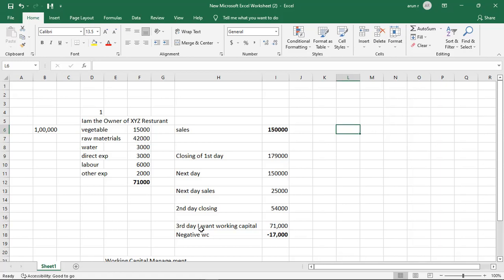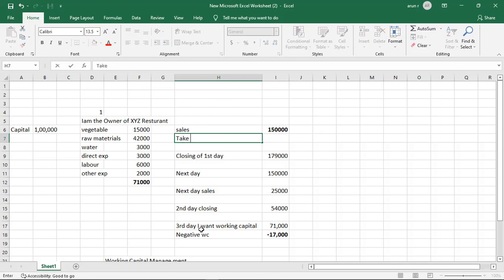If they manage working capital, for example, in the same scenario: capital of rupees 1 lakh, vegetables, raw material and all expenses 71,000, and sales of 1,50,000. The company will take working capital management.